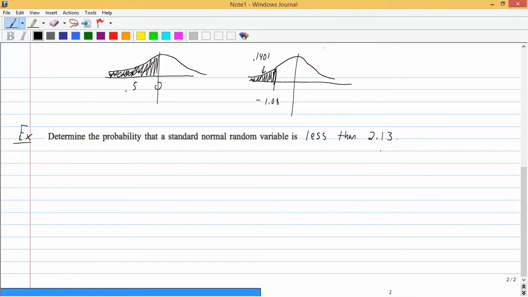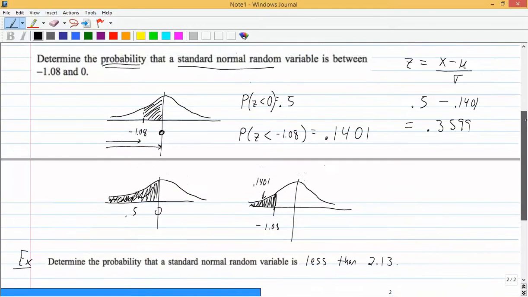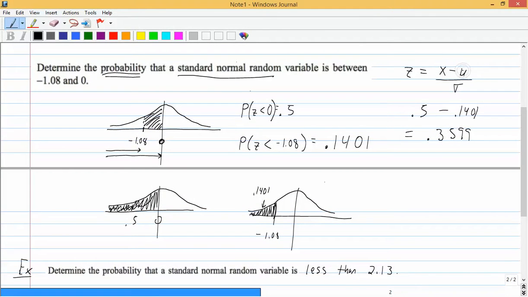Now again, this section that we're covering is very special in that the mean is equal to 0 and the variance or standard deviation is equal to 1. So I said earlier, and it may not have made as much sense, but if I plug in a 0 for the mean and I plug in a 1 for the standard deviation, I would get out the same number that I put in. That doesn't always happen. That just happens with a standard normal distribution.